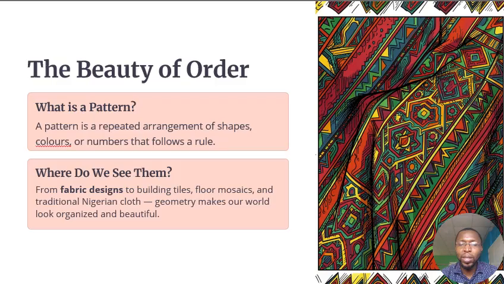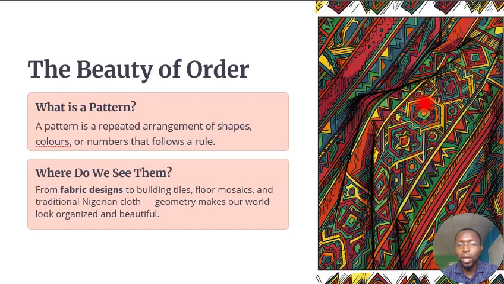Commonly, we can find pattern in fabric design, as you could see in the diagram by my right hand side. If you look at this fabric design carefully, you will see some repeated arrangement of shapes. For instance, if you look at this particular shape here, you see it's being repeated downward, downward, downward like that.